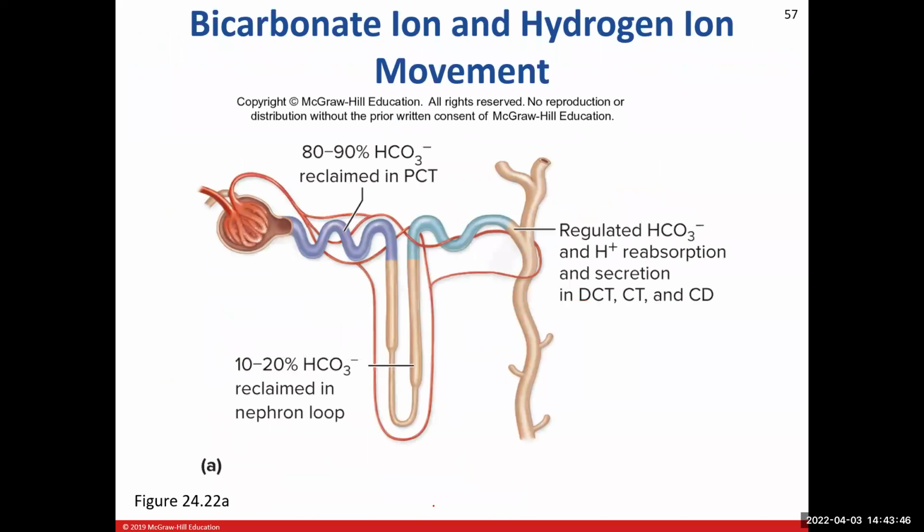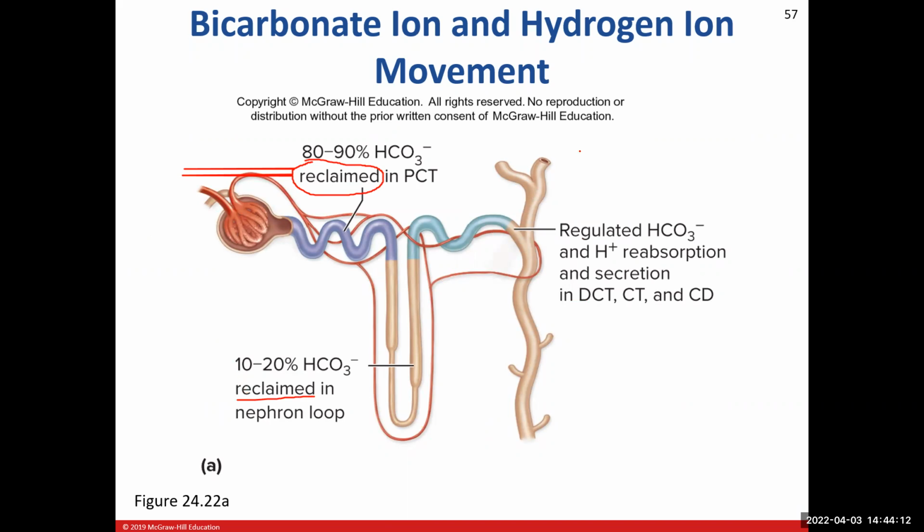I'll show you some pictures here. Look at this term right here. 80 to 90% of that bicarbonate that came out of the blood gets, quote unquote, reclaimed in the proximal convoluted tubule. Basically what we're saying is we're going to make you some new bicarbonate. And then 10 to 20% will be reclaimed in the nephron loop.